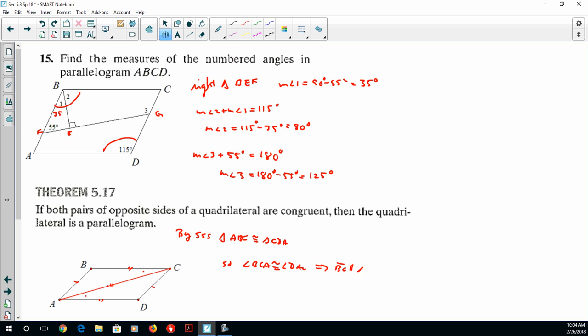And also by side, side, side, I know the corresponding parts, this angle and that angle, angle BAC congruent to angle DCA, are congruent. And so that gives me that AB is parallel to CD, because when the alternate interior angles are congruent, the lines are parallel. So 5.17, pretty quick little thing here.